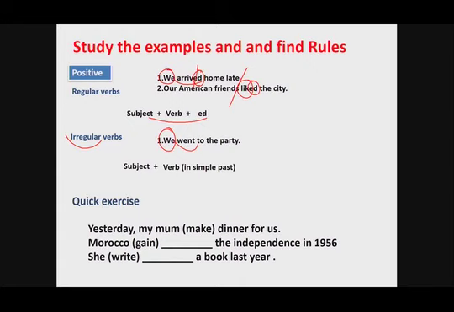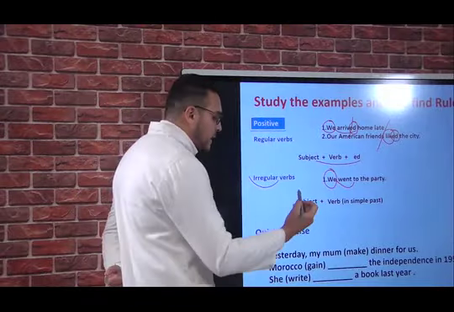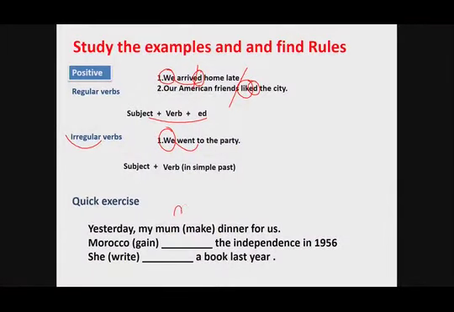If you go to the list, please, I insist again, go to the list to find the verb to make. And we say made. So it's an irregular verb, and we say yesterday, past expression, yesterday my mom made dinner for us.